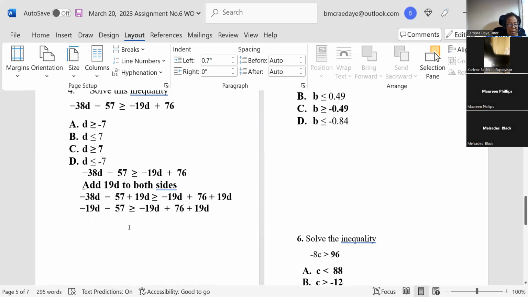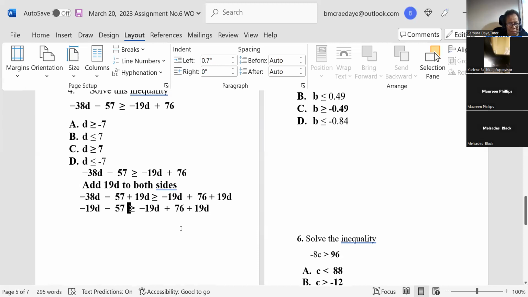Now on the right side, Maureen, what's a minus 19D and a plus 19D? What does that give you? I think a minus and a plus is a 0.